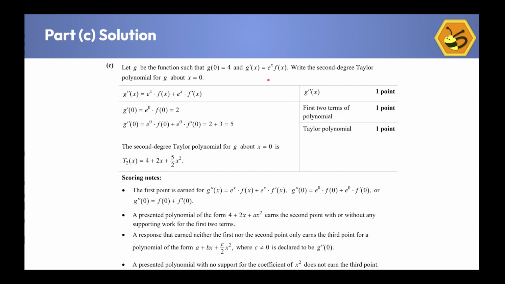Even if you cannot get the second derivative, you can still get the second point, because if you evaluate g prime of 0, you get 2. So you definitely should be able to get the first two terms without thinking much. That is fine. I would suggest you show the substitution.